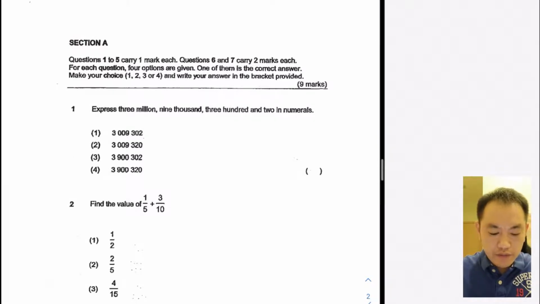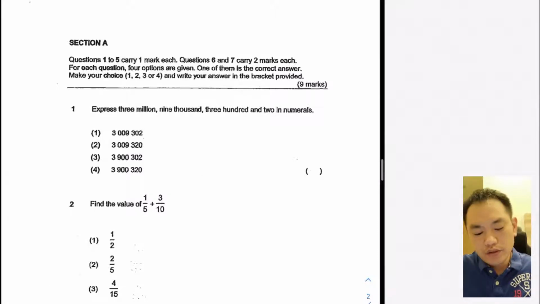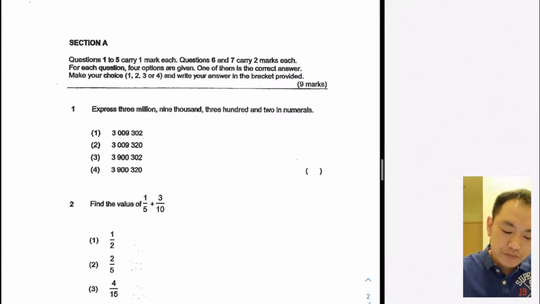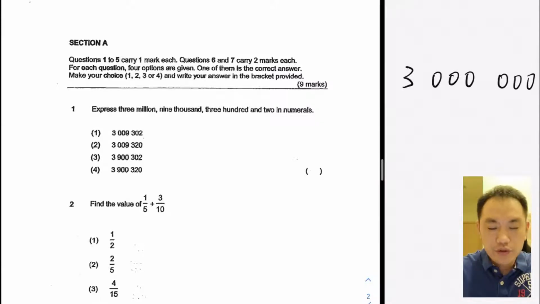Express 3,009,302 in numerals. So basically just converting the description in English to the numbers. So 3 million you can write as 3, then try to split the zeros 3 by 3.